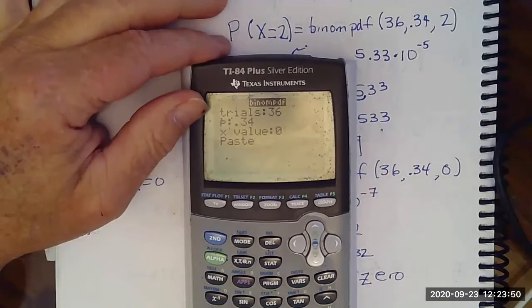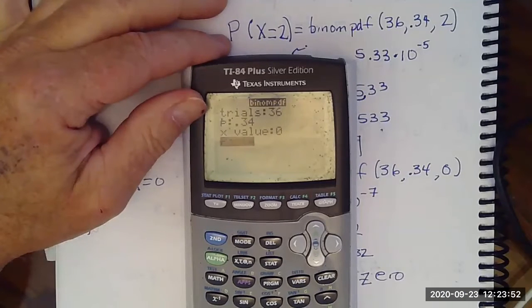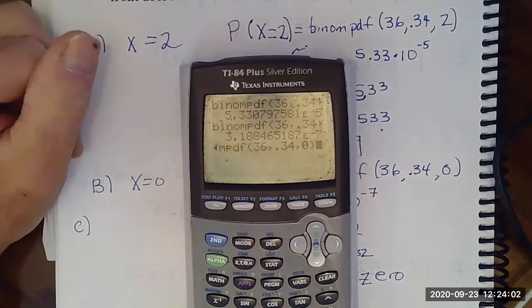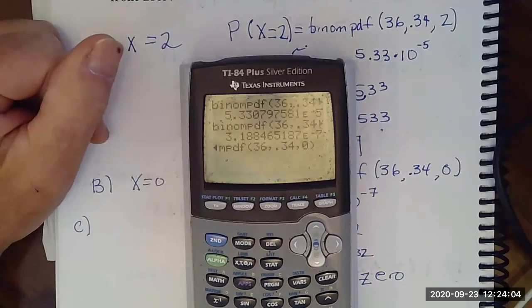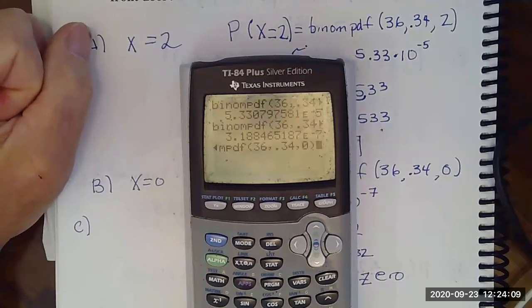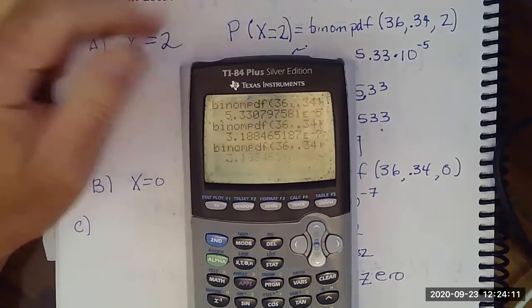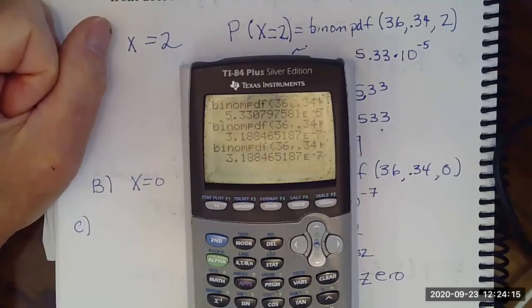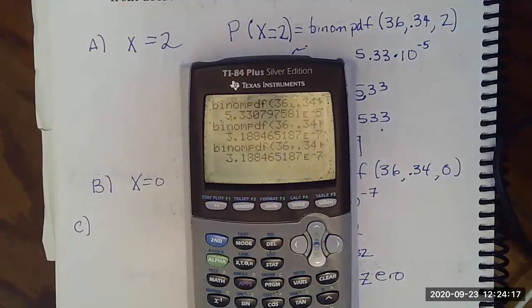And then when I hit enter, I get flashing on the word paste. What am I doing wrong? Did I hit enter again? Yes, you hit enter again. Okay, hit paste and then hit enter one more time. Flash, flash, flash, hit enter one more time. So 2 enters. Yeah. And then I get binomial PDF 36, 0.34, comma, flashing. 0. Flashing. And then hit enter again.